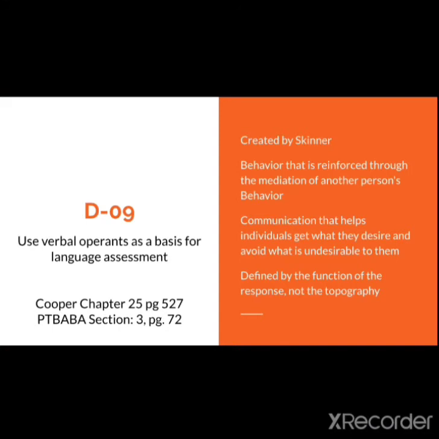So you have the speaker and you have the listener. The speaker is always going to be reinforced by the listener's behavior. It involves communication that helps individuals get what they desire and avoid what is undesirable to them. It's defined by the function of the response, not the topography. So not what it looks like, it's based on what the individual does.